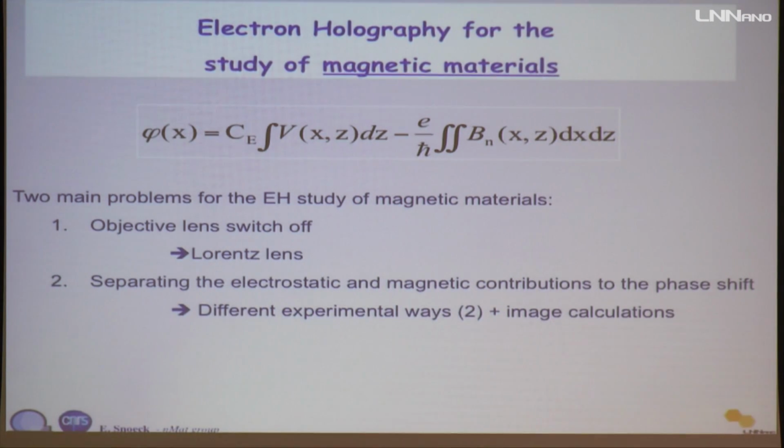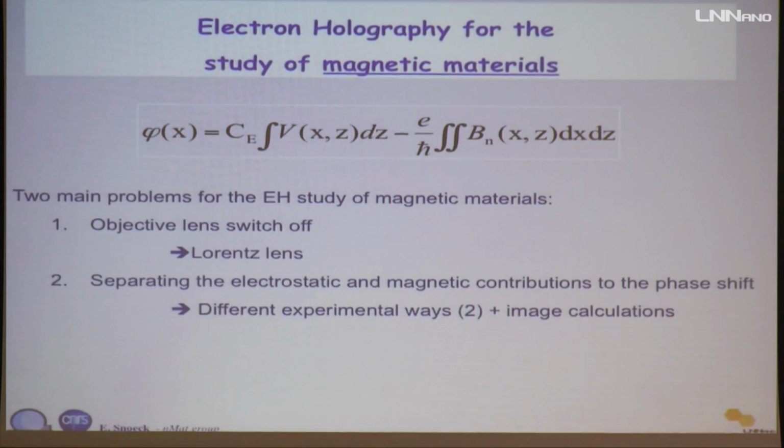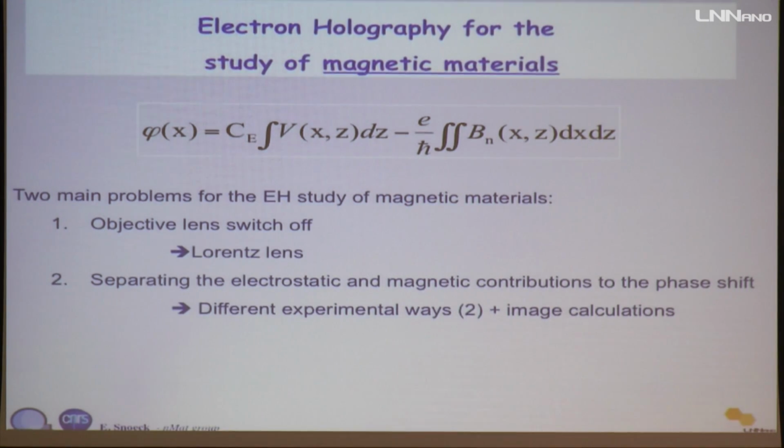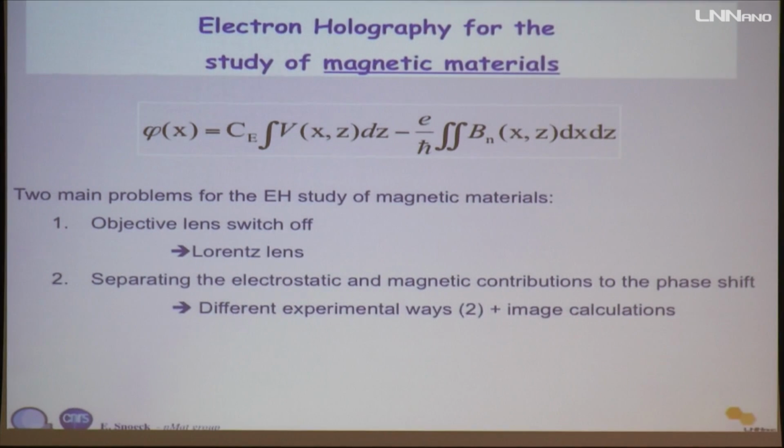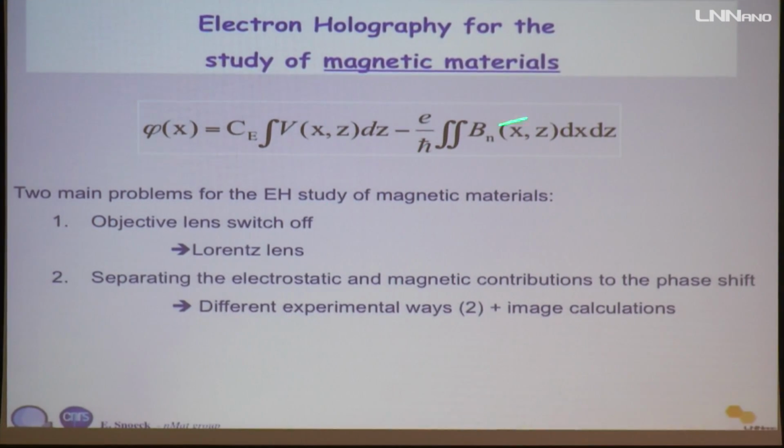Second, if you want to do holography with that, as the phase shift is only sensitive to the component of the magnetic induction which is perpendicular to the electron wave, you have no signal at all. Meaning, if you want to do electron holography or even Lorentz microscopy on magnetic materials, you have to switch off your objective lens.